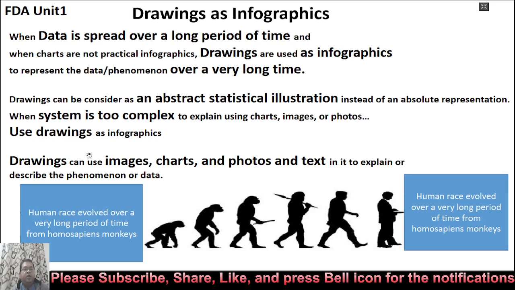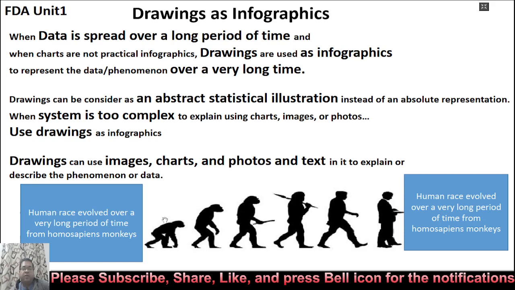For example, as in infographics. Here drawings are used as images, and drawings are actually a composite of images, charts, photos, text and many other things. Okay, if you see this drawing, here you are showing a monkey that has now become a little bit straight, more straight with a weapon now in hand, a little more straight, and now it is erectus and has become a human being.